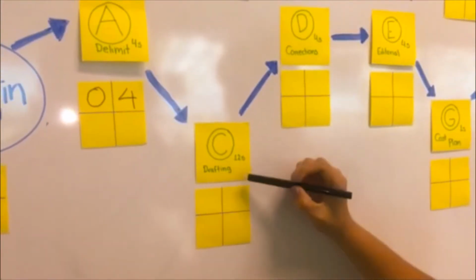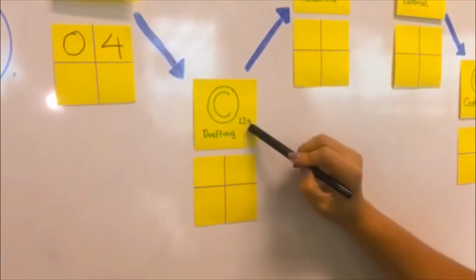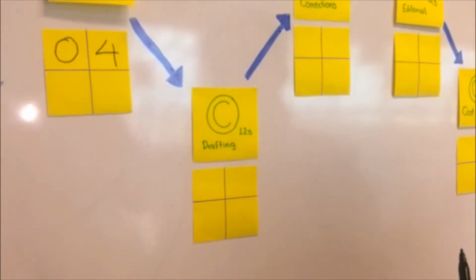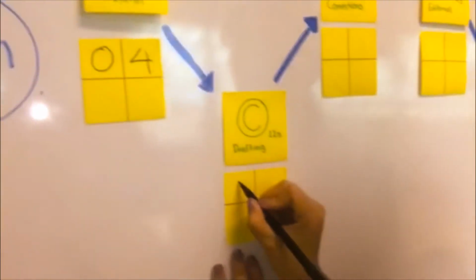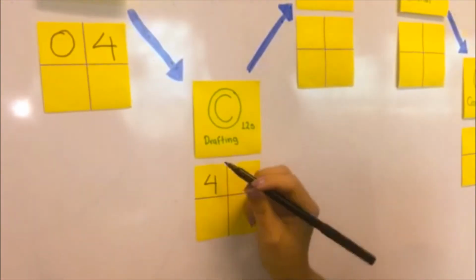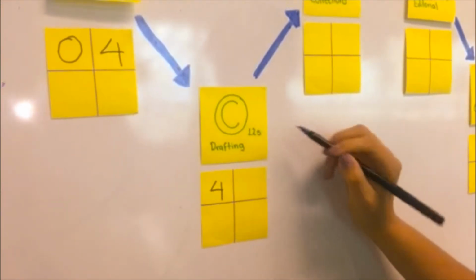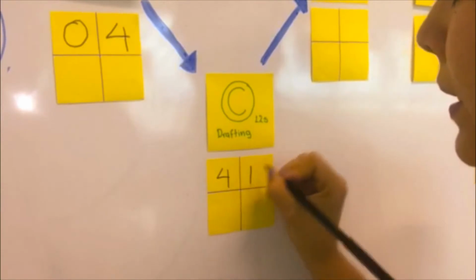The next activity we have is the letter C, which is drafting, which lasts 12 weeks, and we're gonna take the same 4 previous weeks, and we are gonna add up the 12 weeks from this process. So we're gonna have 16.